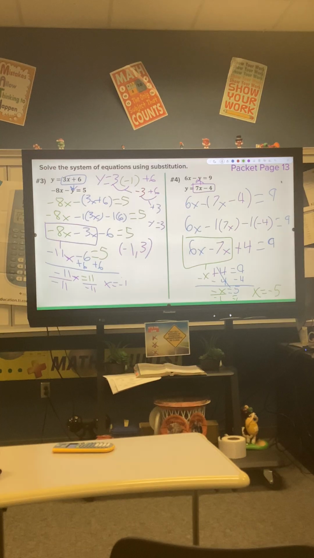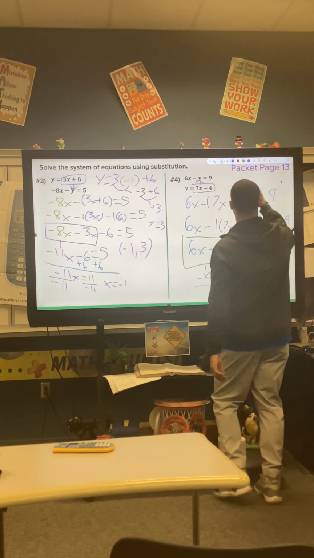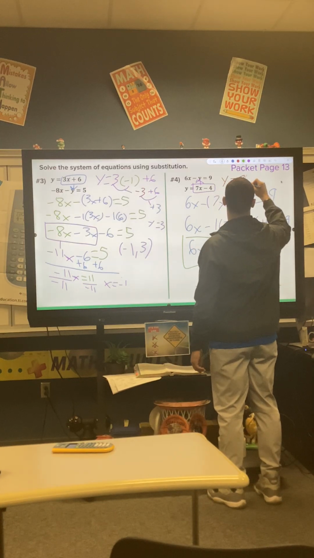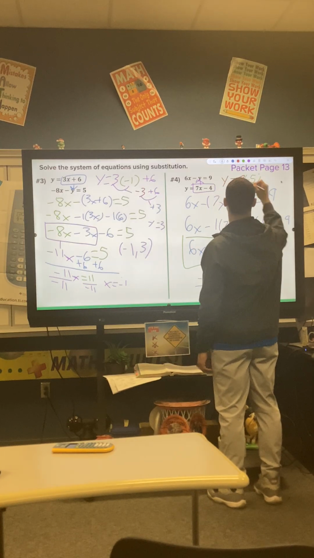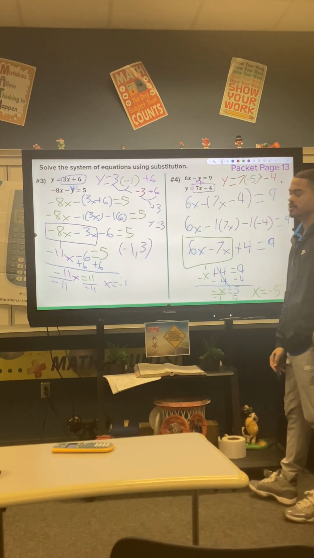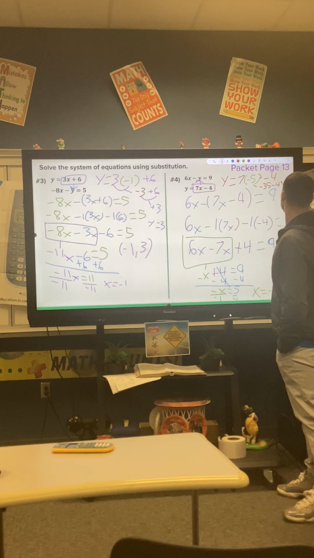And so from there, I'm going to substitute this -5 in for x in my equation up here. So I have y is equal to 7 times the -5 minus 4. 7 times -5 is a -35. And -35 minus 4 should give me a -39.